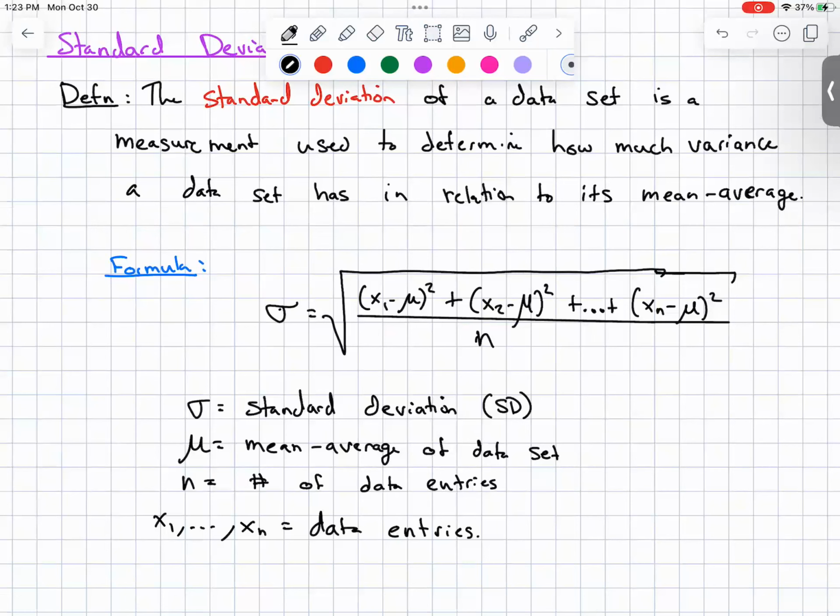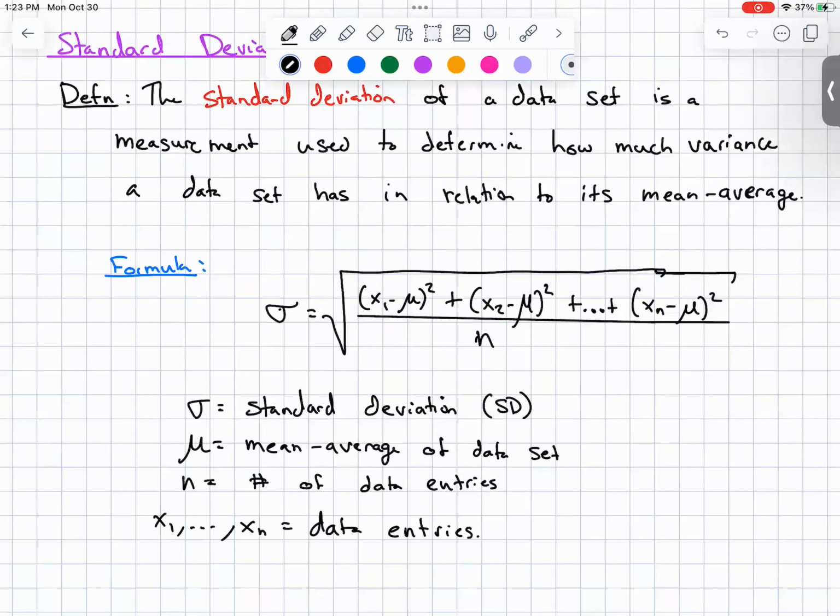So n could be 5, in which case there would be only 5 values in the data set. But how do you write down n entries, right? N is an unknown number, so you can't really write them all. So that's what that plus dot dot dot means. So we're just going to continue on this process of adding x sub 1 minus mu squared plus x sub 2 minus mu squared plus x sub 3 plus x sub 4 plus x sub 5, all the way until you get to the final entry of your data set.